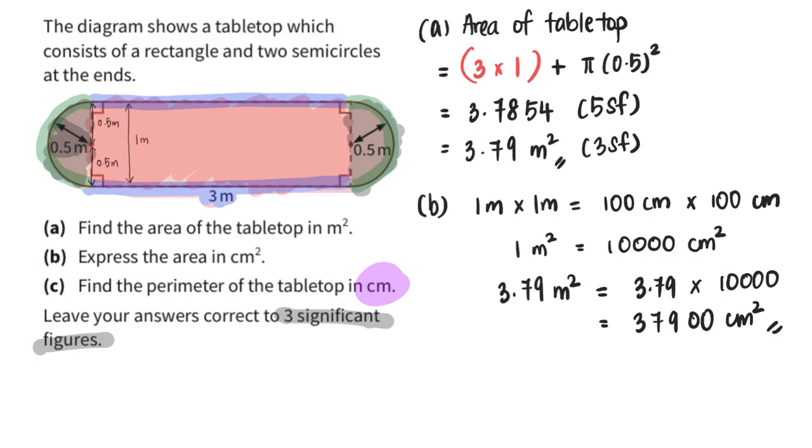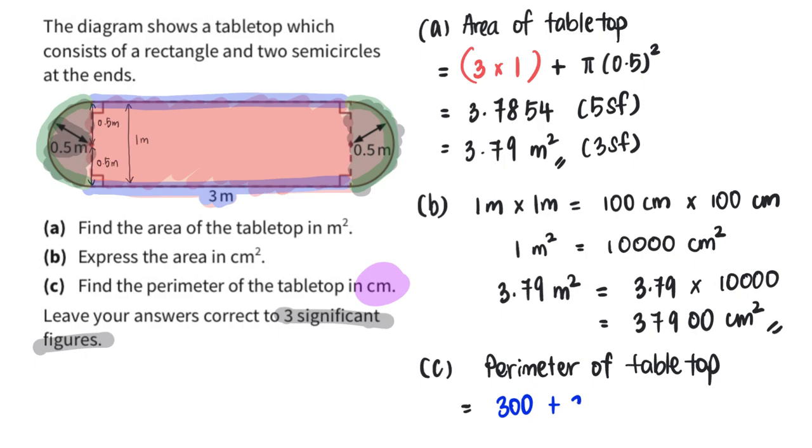So for part C, perimeter of the tabletop will be equals to 3 meter. Since they want us to give the answer in cm, I straight away convert 3 meter to 300 cm, and there are 2 of them.